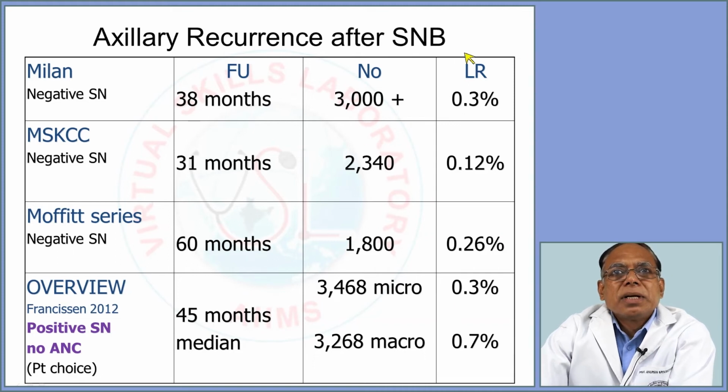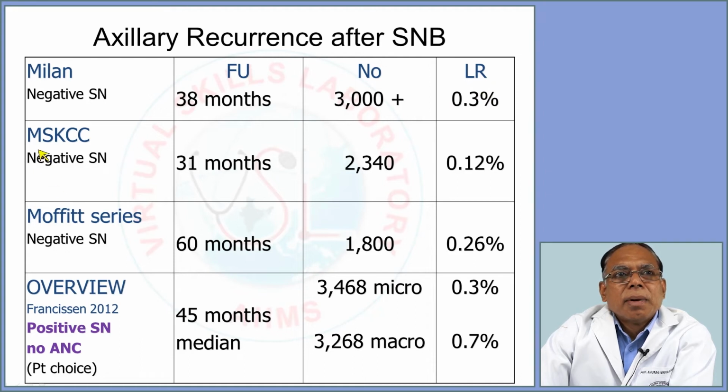What is the impact of sentinel node mapping on axillary recurrence is listed on this table. Data from large centers: from the Milan Institute of Oncology, in women who had negative sentinel node mapping with a follow-up of 38 months, local recurrence was only 0.3% in the axilla.